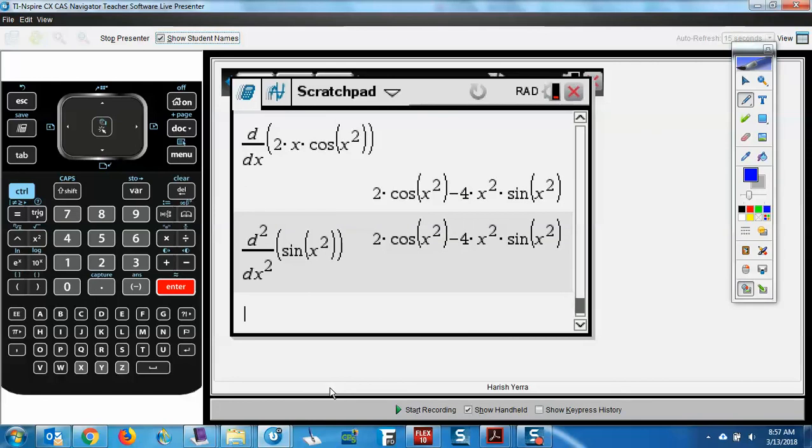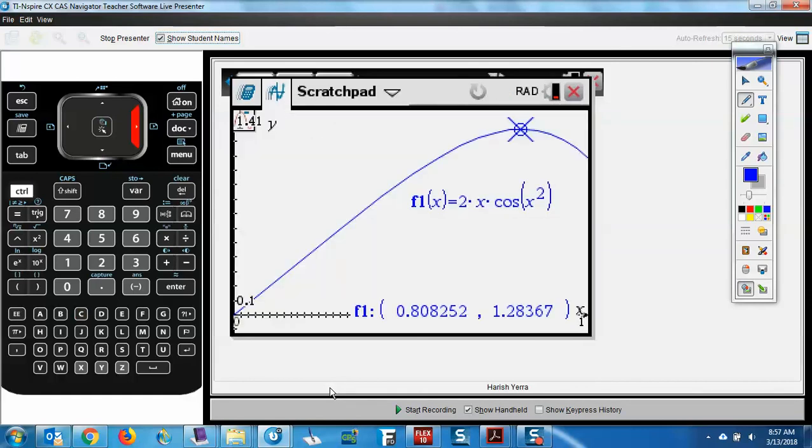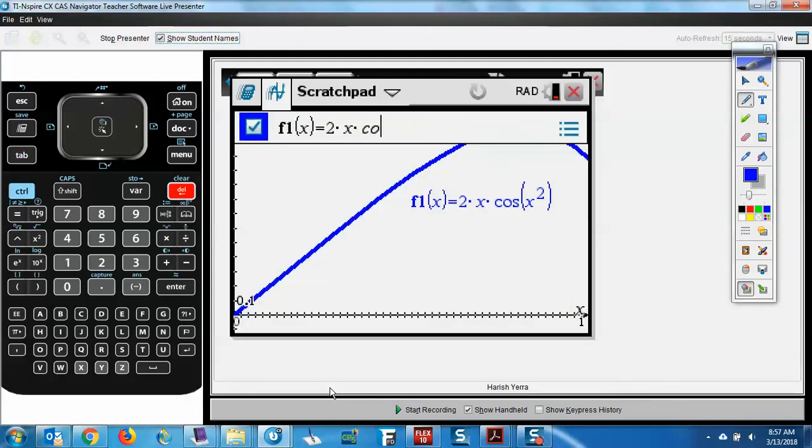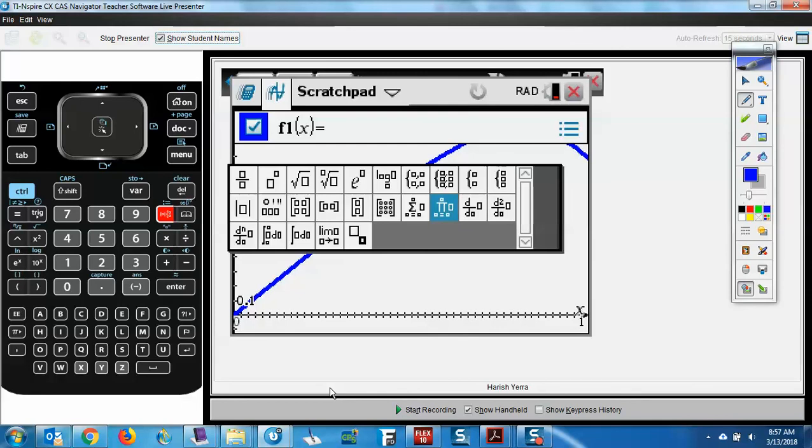Same thing. So I would arrow up, copy and paste that, and we want to graph that. Let's do the absolute value this time. So go into your graph screen, hit the tab, arrow up, delete that out of there. And now do the absolute value. It's in here again, and grab the absolute value right there.